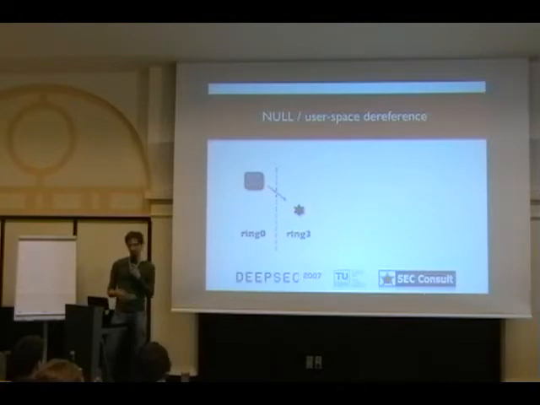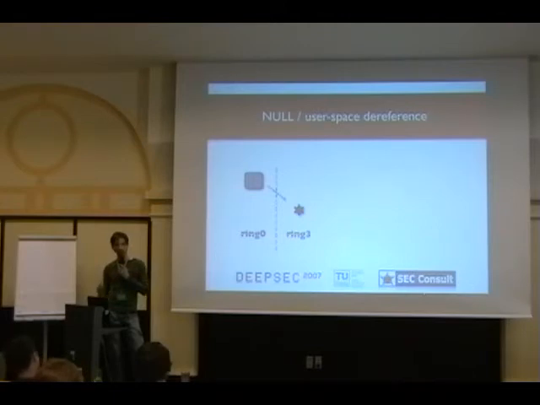We included it because it has a few important concepts, and that's the so-called null pointer or user space pointer dereference vulnerability. Basically, you have a pointer in kernel space, or a stray pointer in kernel space, that points into user space. So if that pointer is dereferenced, then something unpredictable is going to happen.